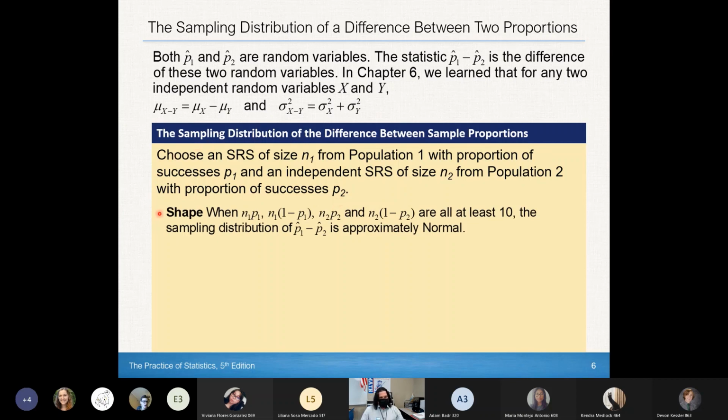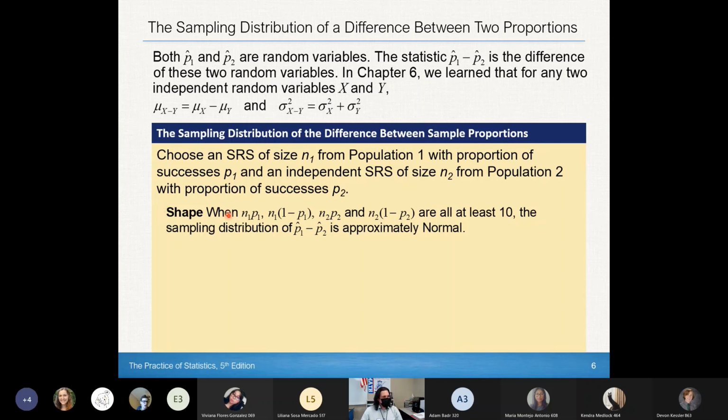The next part of this is showing the shape, center, and spread of our sampling distribution of the difference between sample proportions. This becomes a great big mouthful of variables and numbers, so bear with me.